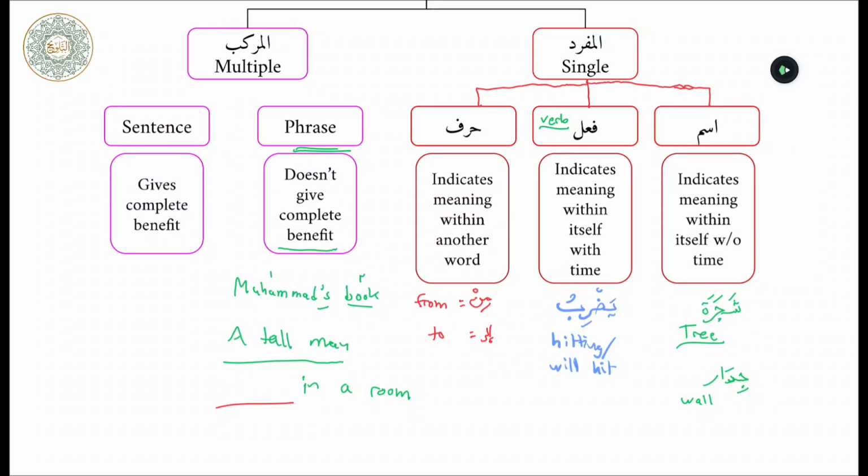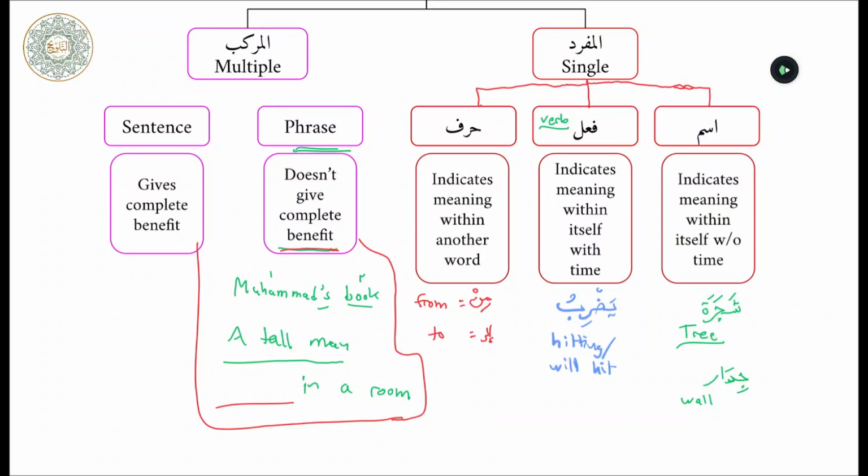You've yet to give the subject or predicate of that sentence. So, in all scenarios over here, you have a phrase. But either the information regarding that phrase is missing, or the information is present, but the subject, who you are speaking about, who you are giving that information about, has not been conveyed. All of these, on account of not giving complete benefit, would be a phrase.